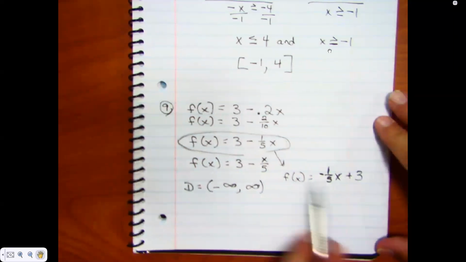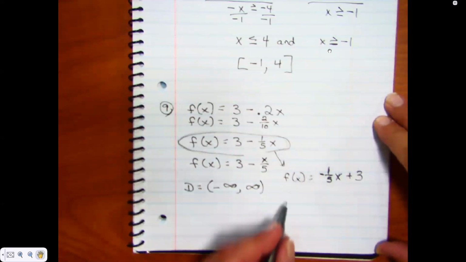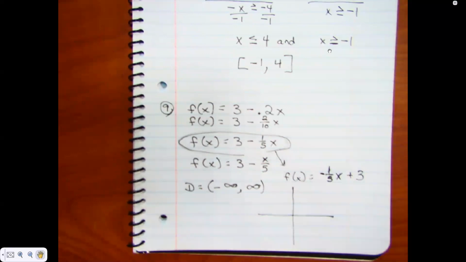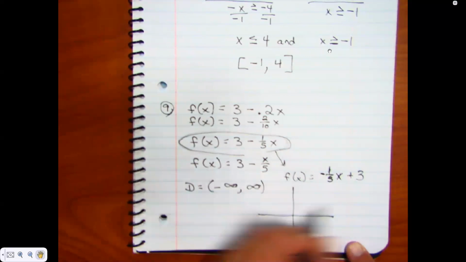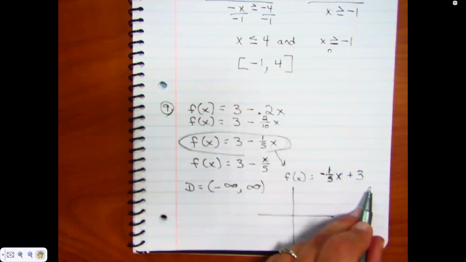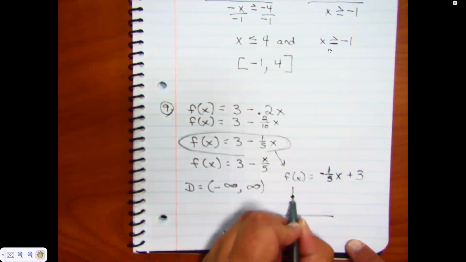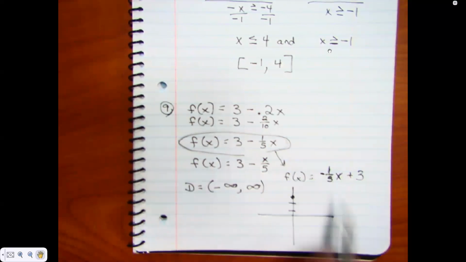All right, how would we graph this though? Since this is one that we had to graph. We did this once, right? Where do we start? Does anyone remember? Start at the y-intercept, so we're going to go to the y-axis, and which number's the y-intercept? The 3. So 1, 2, 3, and then slope, because it's negative, we're going to go down 1 to the right 5.